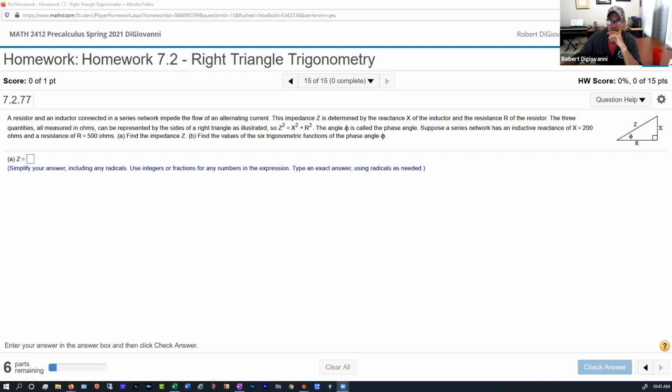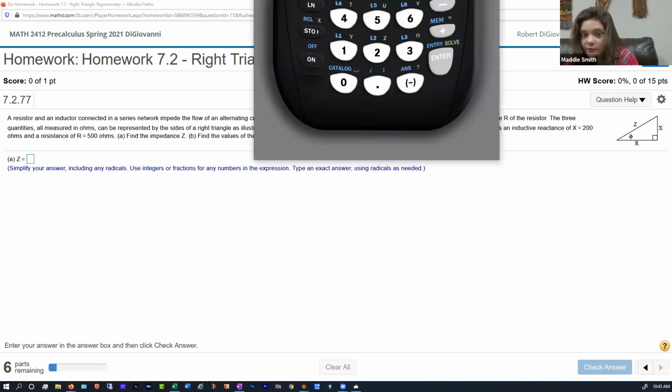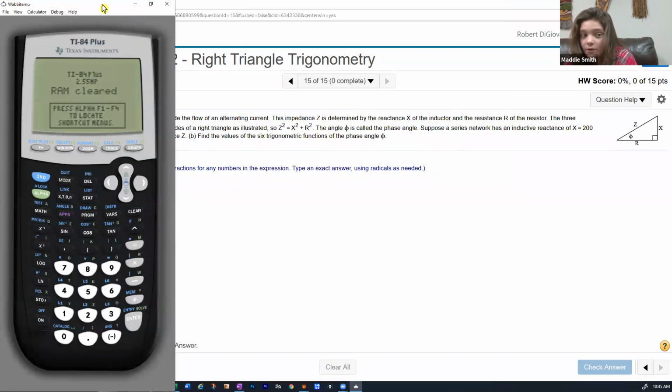I actually have something I may be able to help you. Okay, I see mode. I was having the same issue with mine. I figured out how to get to radians, but whenever I would try to switch, it wouldn't do it. Like it wouldn't go to degrees for you? No, it wouldn't go to radians for me. Okay.